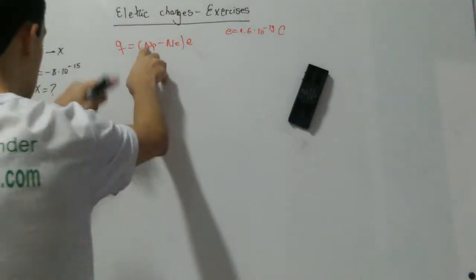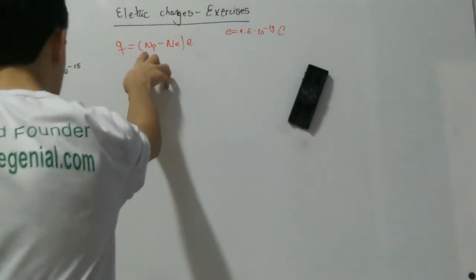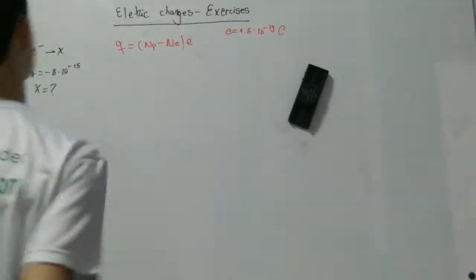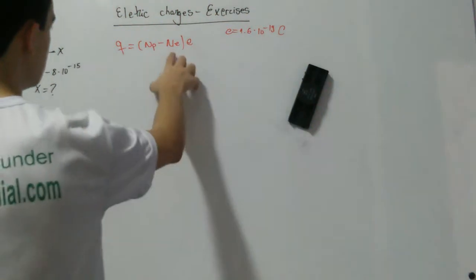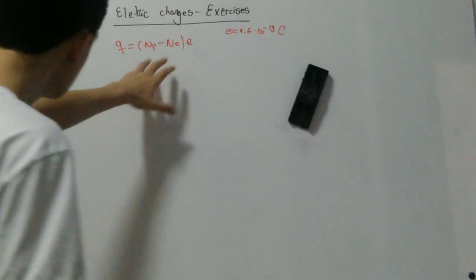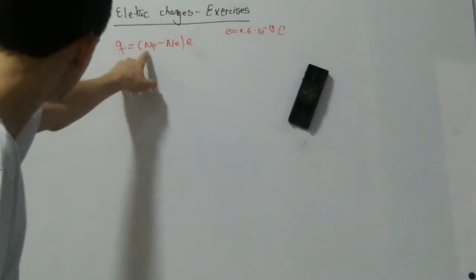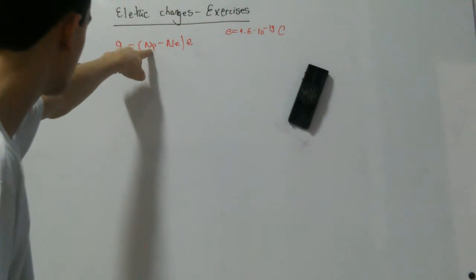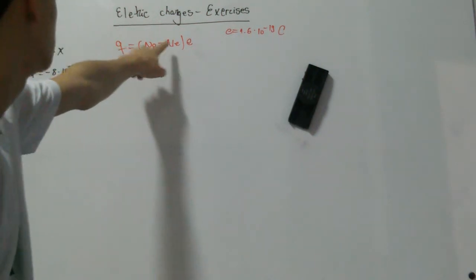But why is it number of protons minus number of electrons? Why isn't it number of electrons minus number of protons? The answer is, imagine you have more protons than electrons.